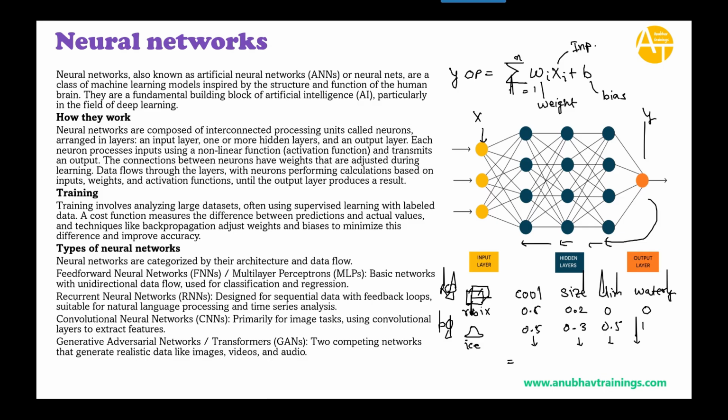Then we have convolutional neural network. It is primarily used for images, using convolutional layers, which have extra specialized neurons which can process image data faster and better. Then we have generative adversarial neural network, or so-called transformers. These are basically two competing networks that generate realistic data like images, videos, and audio.